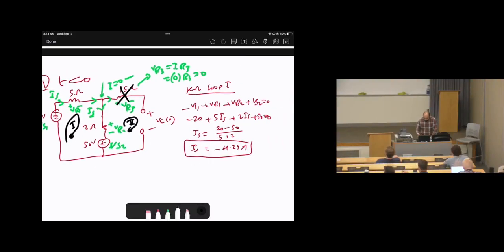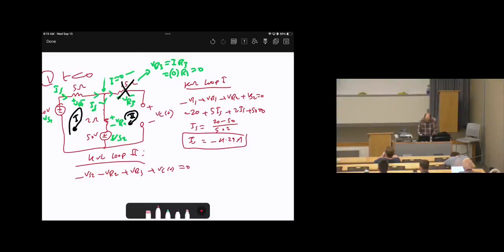Now, we can do KVL in loop 2 to find VC of 0. KVL, loop 2 or mesh 2, whatever. Start from the left bottom corner, negative VS2, then negative VR2, then plus VR3, plus VC of 0 equals 0.